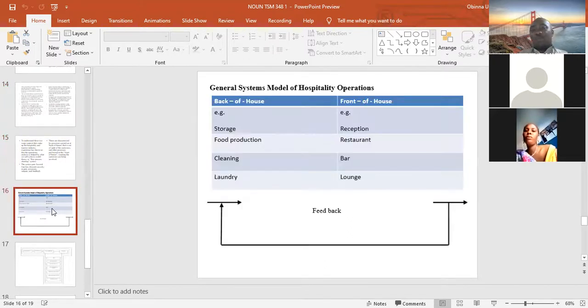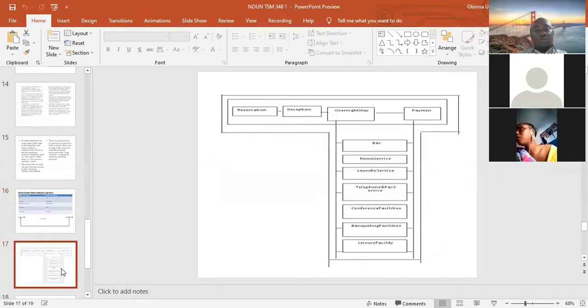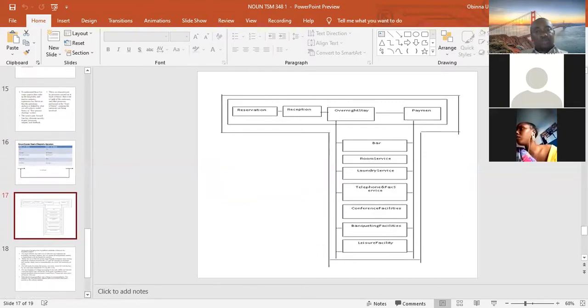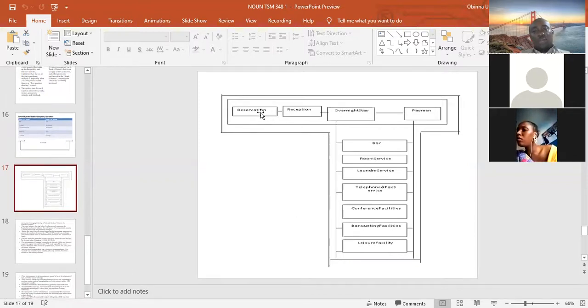And that brought us to the model of the operation, where we talked about the back house and the front house. The back house comprising of the storage, food production, cleaning, and laundry, while the front house looked at the reception, the restaurant, the bar, and the lounge. We furthermore looked at how this functions, which there is reservation, reception, and overnight.